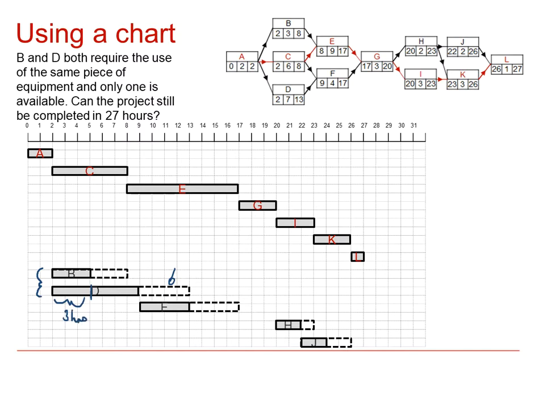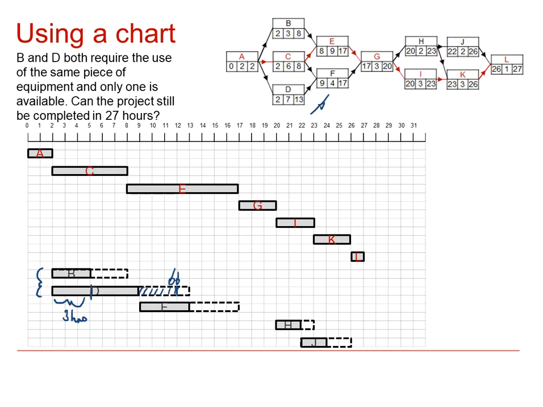Now, delaying the start would also obviously delay the end time, so D would now finish at this point 3 hours later than we had initially put on the diagram. There's a knock-on effect because if we look at the activity network, F relies on D being completed, so we can't start F until D is completed.